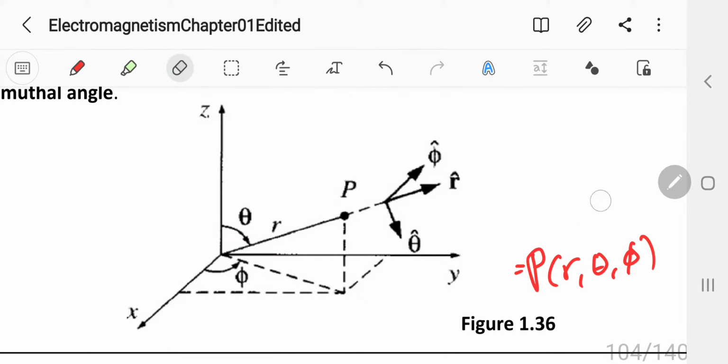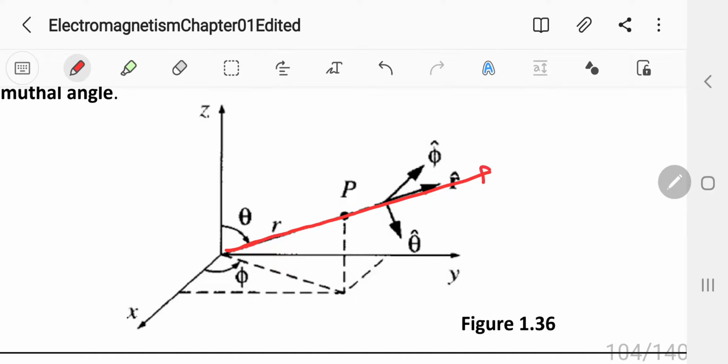Anyway, what's important here is to look at the theta hat, r hat, and the phi hat. r hat is just the direction radially outward from the origin, lined in this direction.